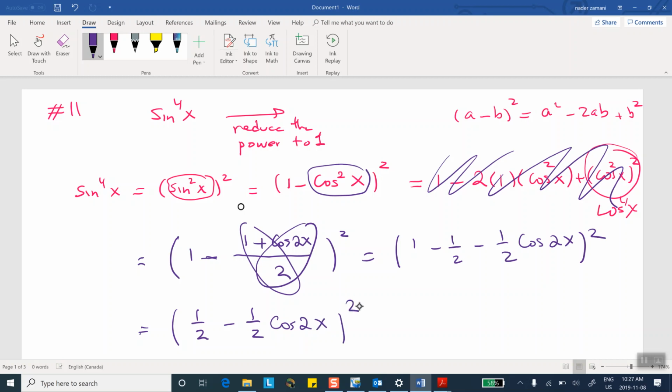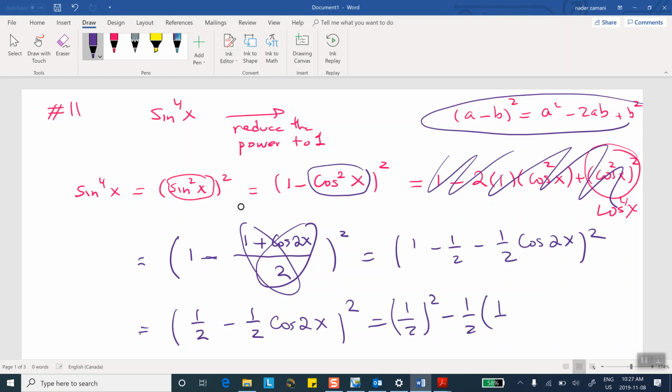Notice that the degree went from 4 to 2. However, that's a cost, and the cost is that the angle has doubled, which is okay. So now once again, this is what we're going to use. 1/2 quantity squared minus 2 times 1/2 times 1/2 cosine of 2x plus 1/2 cosine of 2x quantity squared.